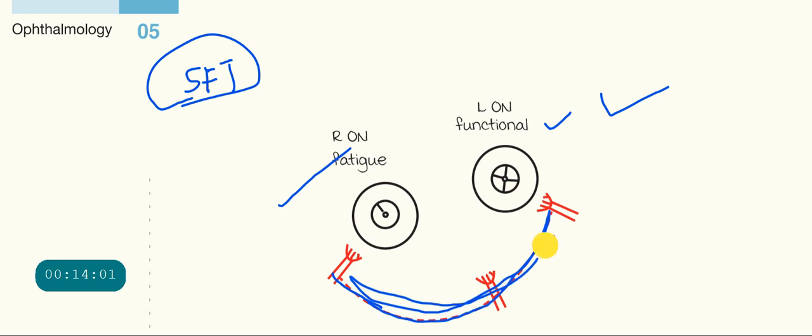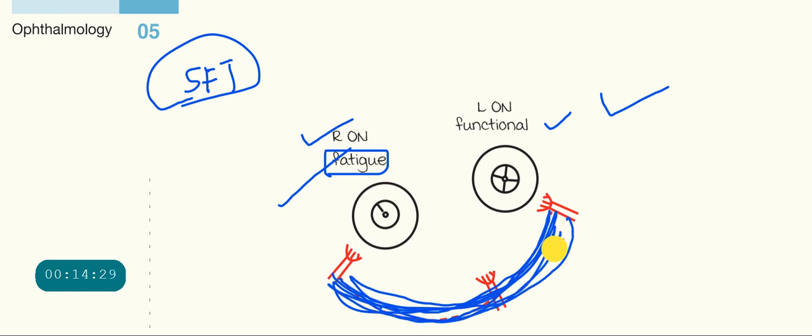Why am I doing this? I'm doing this because the right side optic nerve is partially damaged or has an abnormality, due to which it will get fatigued very early when I do this swinging of the light. Due to this, when I throw the light on the left eye, which is normal, the pupils are going to be constricted.